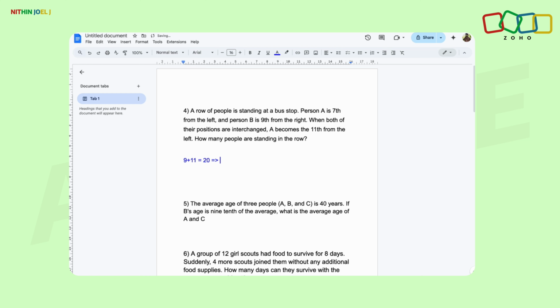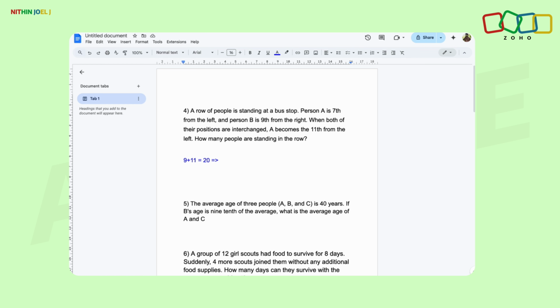But this is wrong because we are counting A twice. Let's see, while counting from the left side, A is in the 11th position. So A is counted once, right? Because in the 11th position only A is standing there. So A is counted 1. Again, while seeing from the right side, B is in the 9th position, but since A got interchanged, now A is in the 9th position from the right side.